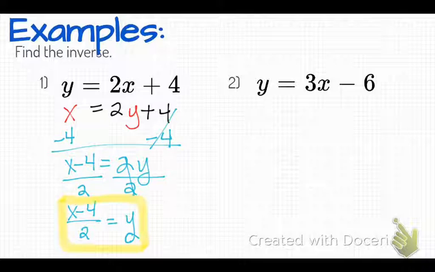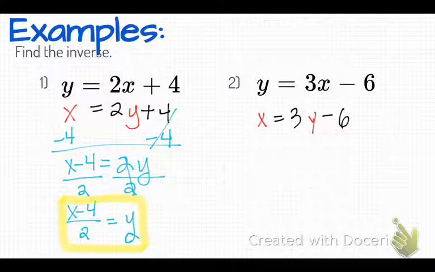Okay, so if we're looking at number 2, what do I do first? What's my first step? Perfect. Yeah, switch x and y. X equals 3y minus 6. Thank you. Next step. What do I do next?